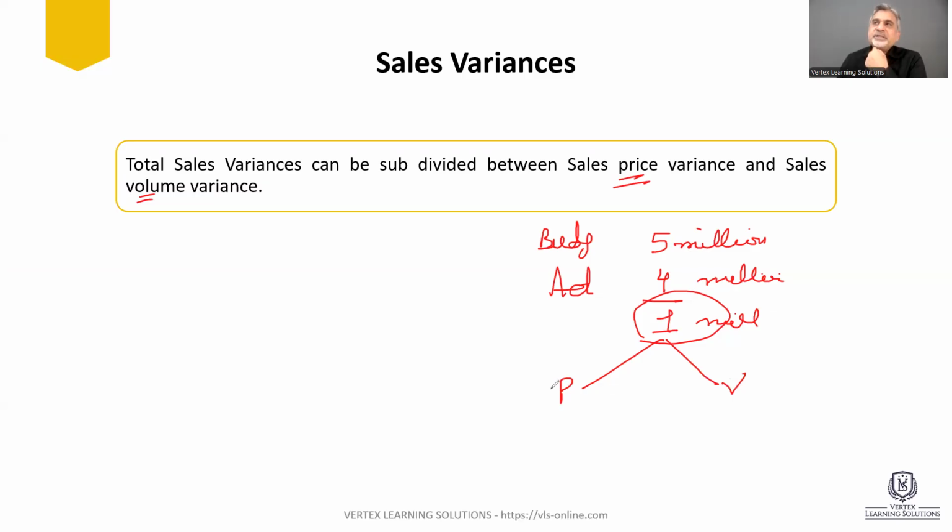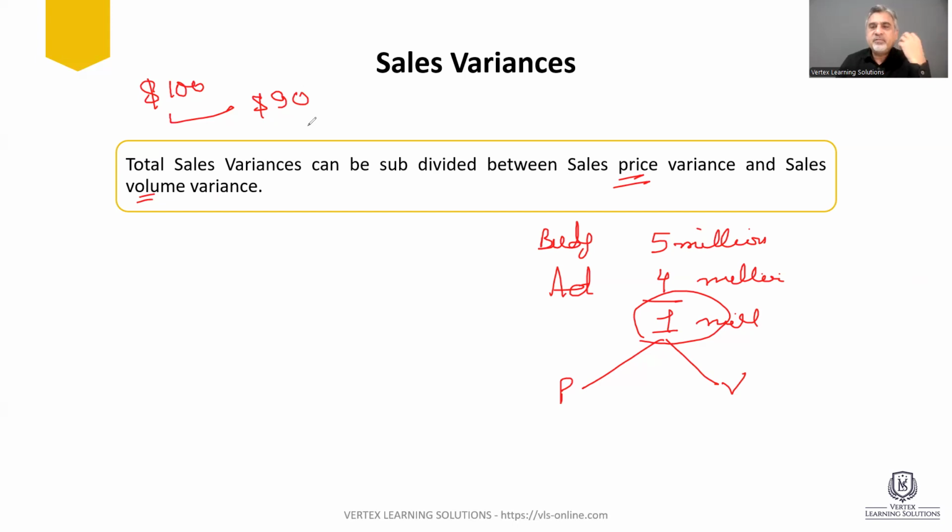The price variance means that your sales variance is less possibly because you were selling goods at a lower price, because your standard price was 110 and then you were selling it at $90. Or maybe you are offering bigger discounts.